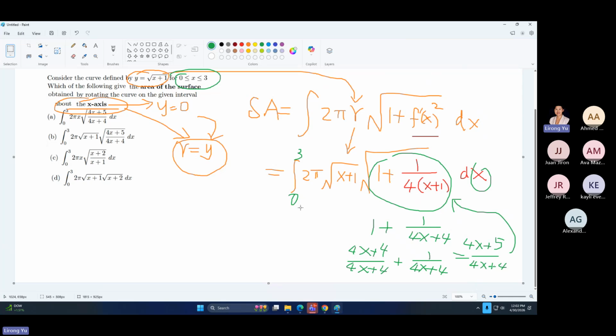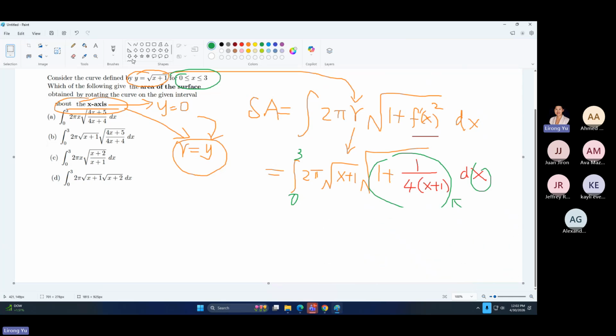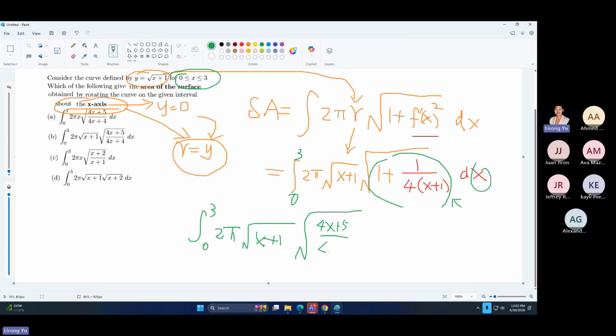I removed that part, and let me remove that part as well. So the actual calculation is the integration from 0 to 3 of 2 pi square root of x plus 1, times square root of 4x plus 5 over 4x plus 4, dx. Okay, which is why we see the answer is B.